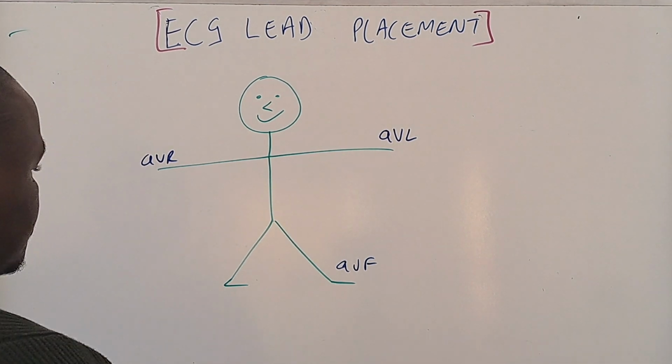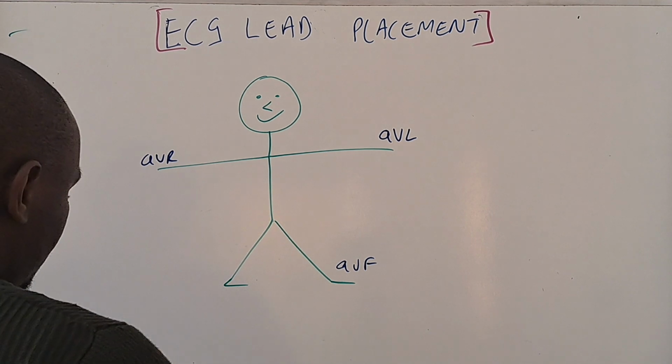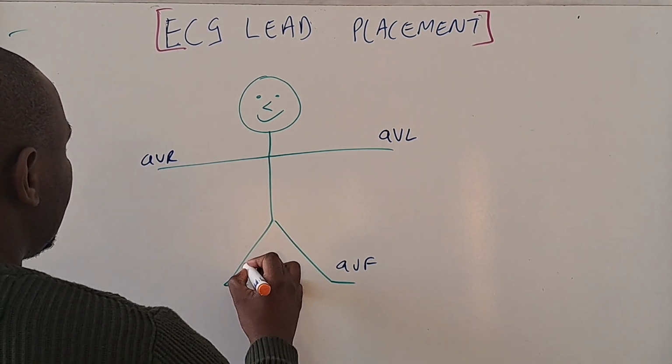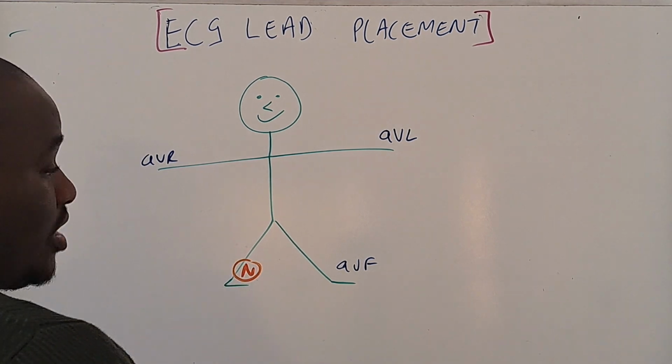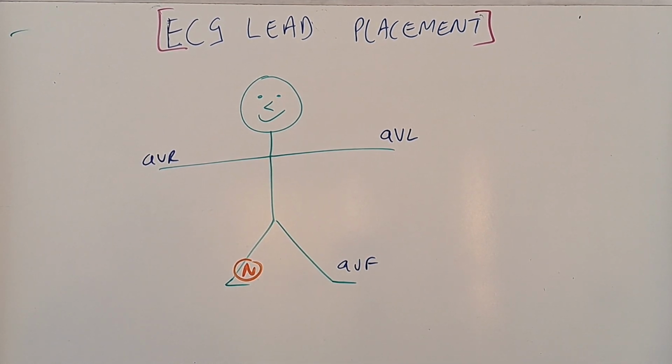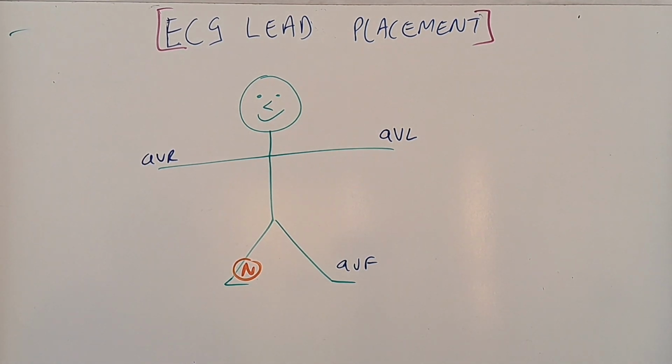And the F, which is the neutral lead, always put it on the right side. Always put it on the right side, right? These are your limb leads, but we are going to talk about the other three. But these are your first three limb leads. They are on the limbs, so they are limb leads.